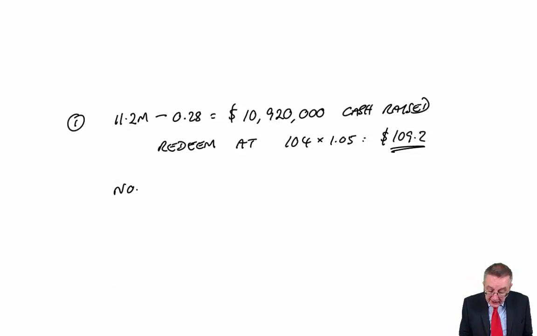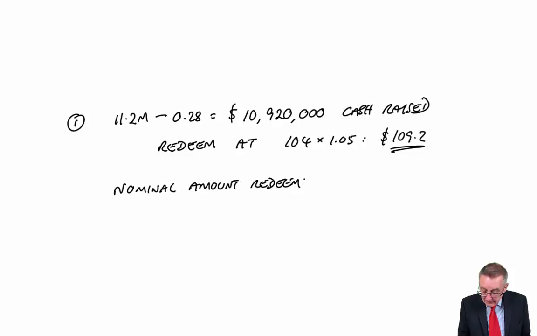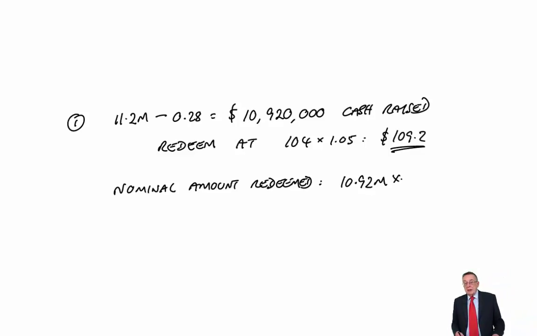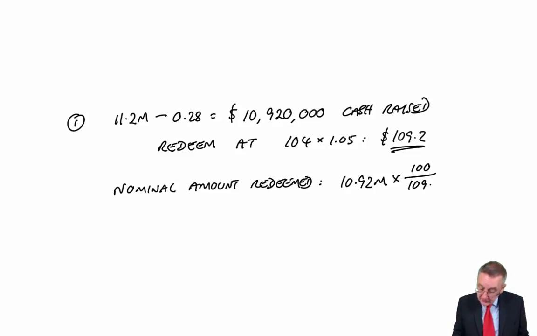So the nominal amount redeemed, remember we're going to be paying out 10.92 million, and we're going to have to pay 109.2 for every 100 nominal. So 100 over 109.2, which is rather nice, it's 10 million.